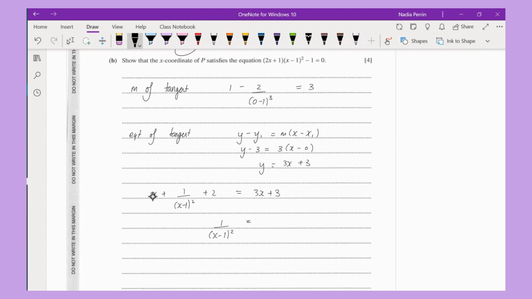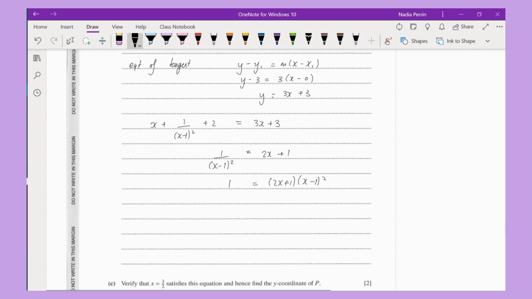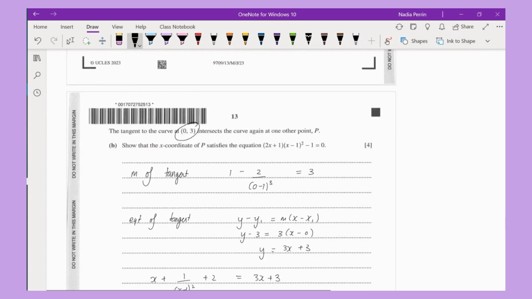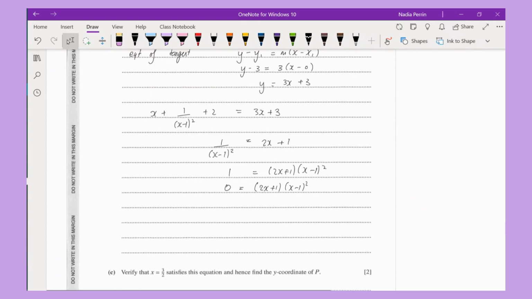So we've got 3x, we're minusing x. 3 minus 2 is plus 1. And then 2x plus 1 timesing by the x minus 1 squared. And then lastly, they made it equal 0. So 2x plus 1, x minus 1 squared, and then we just subtract the 1 over, and we get what they got.